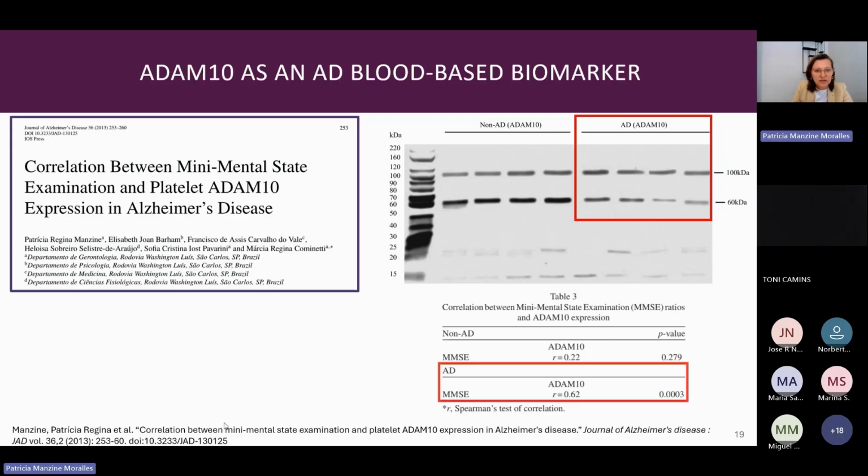The correlation with this test was 0.62, a moderate correlation with significant effects. Looking at the association of these variables, the Mini-Mental plus ADAM10 levels showed the highest values in ROC curves.